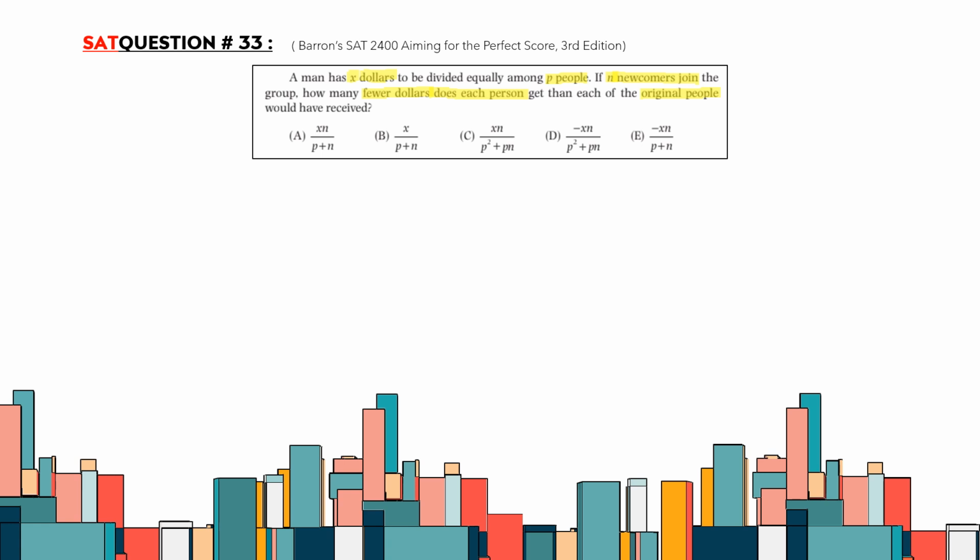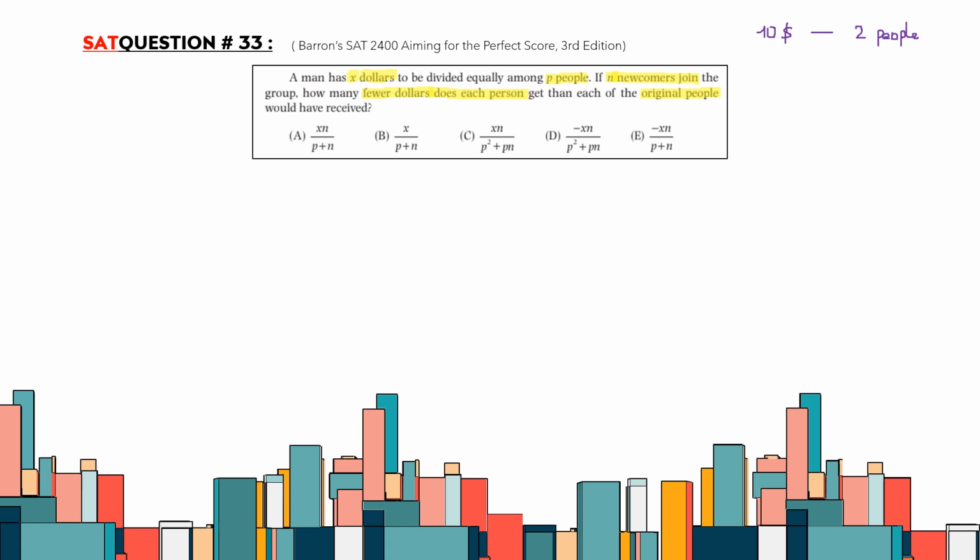So let's write that down in the same question, but with numbers. Let's say I have $10, and then I have to divide it equally among two people. Each person will have $5.